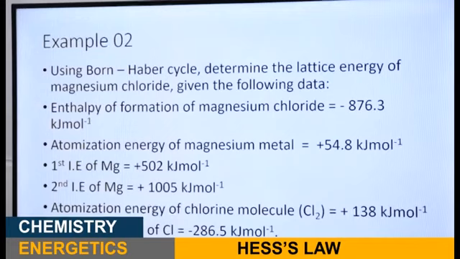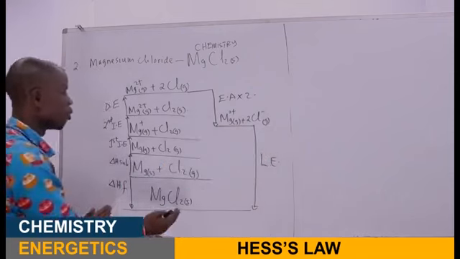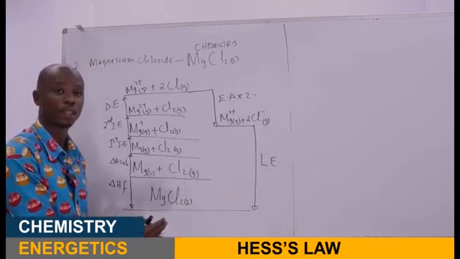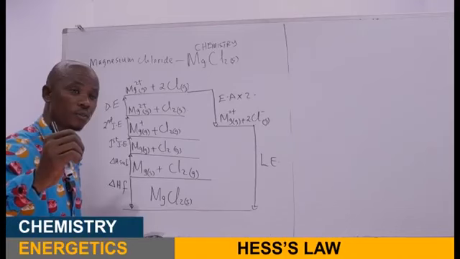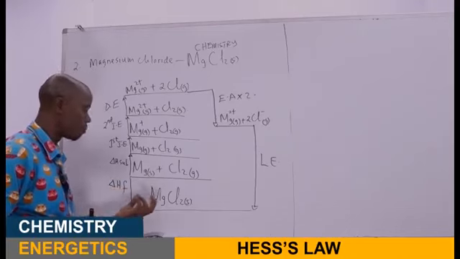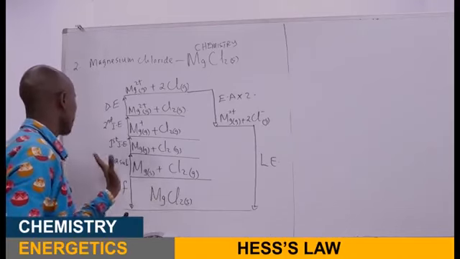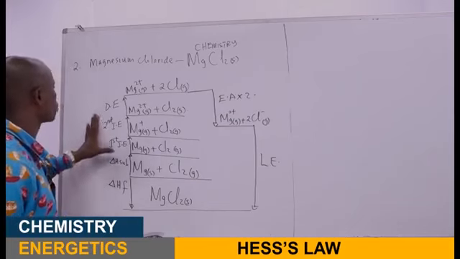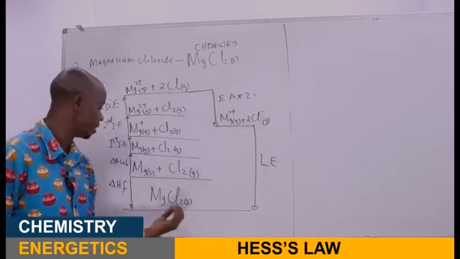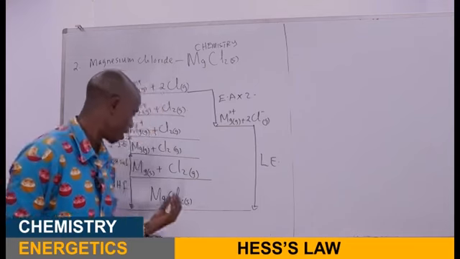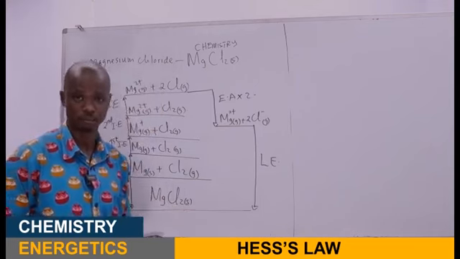So, my dear students, from this Born-Haber cycle, we can formulate the formula here, an application of Hess's law. The enthalpy of formation of magnesium chloride is the summation of all enthalpy changes of all the steps involved in forming ionic magnesium chloride solid.